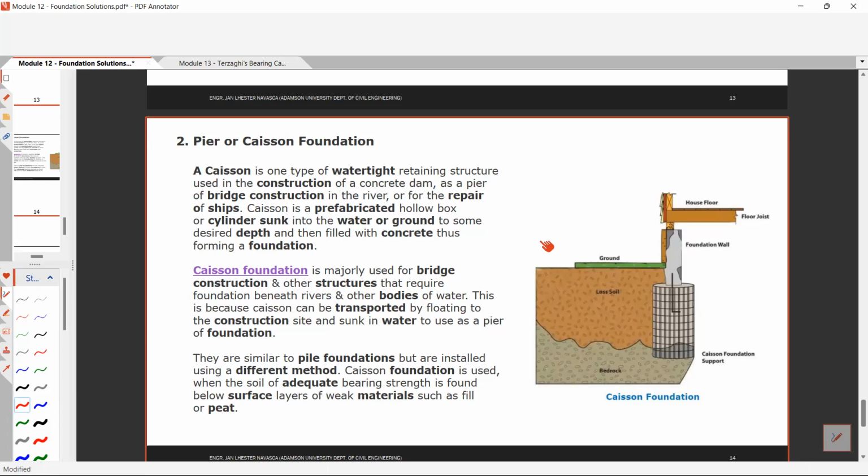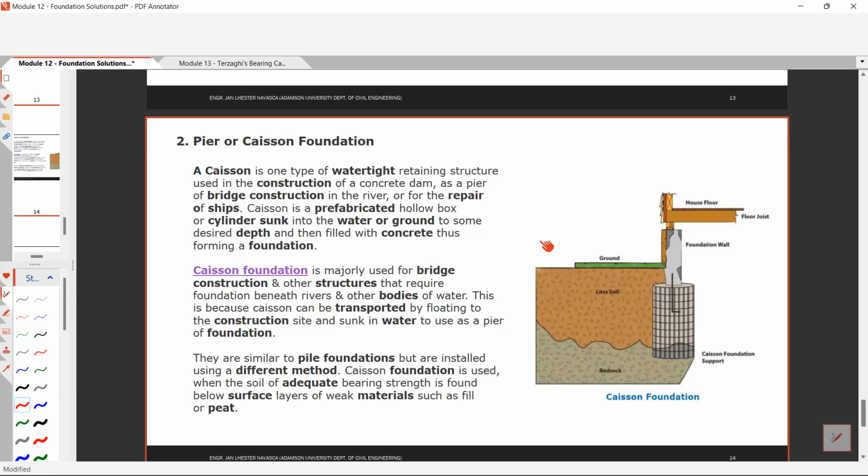Then kung medyo natanggal na nila, magsi-sip out sila niyan, magpa-pump sila ng tubig doon sa bodies of water. Then after nilang ma-reach yung certain amount ng water na gusto nila, yung tolerable limit, magpo-pour na sila ng concrete. Siyempre, gagawa muna sila ng reinforcement doon. And also, magpo-pour na sila ng concrete.